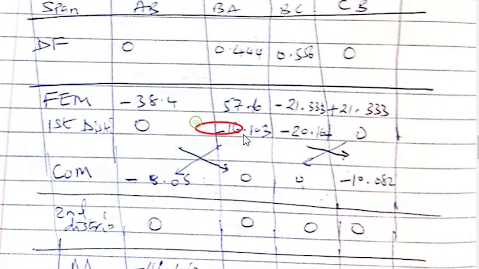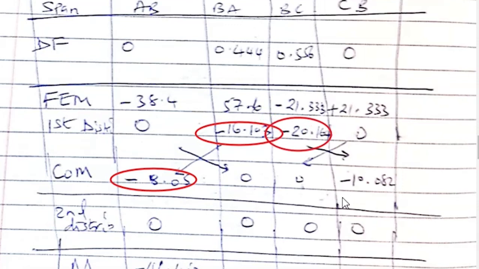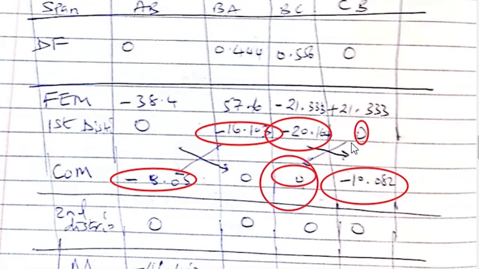So it means the carry factor, this one should be distributed to joint A. The same to the right, the carry factor, a half, should be distributed to joint C, and this one should be distributed to joint B. Because this is 0, here should come to 0, because it is distributed 0 to the half.